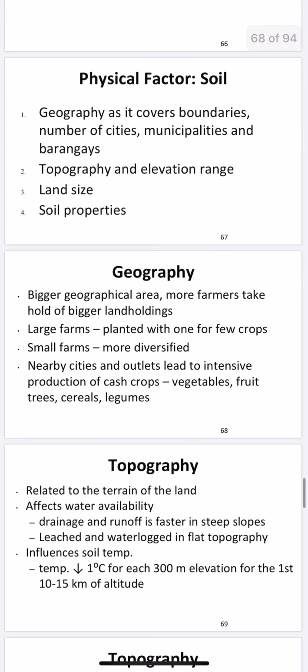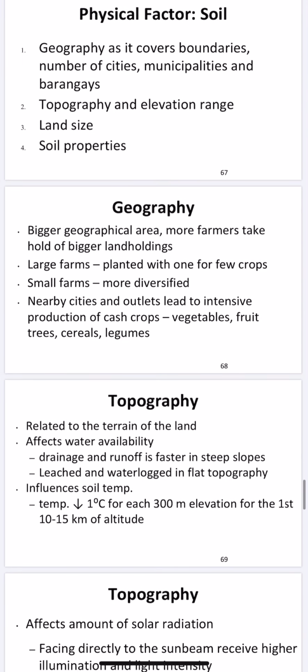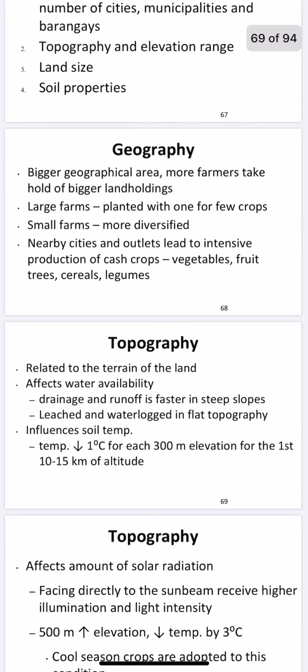So what are the physical factors? This includes soil. Geography, as it covers boundaries, numbers of cities, municipalities, and barangays. Topography and elevation range, the land size, and soil properties. So when we speak of geography, the bigger geographical area shows more farmers take hold of bigger land holdings.